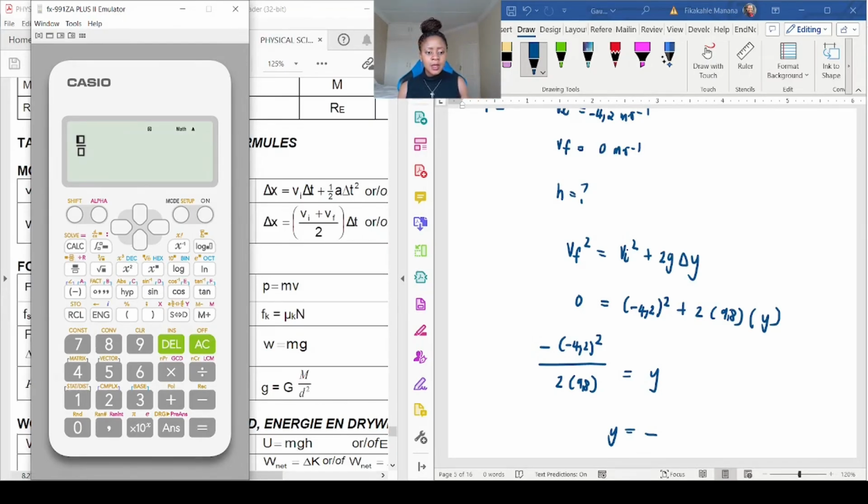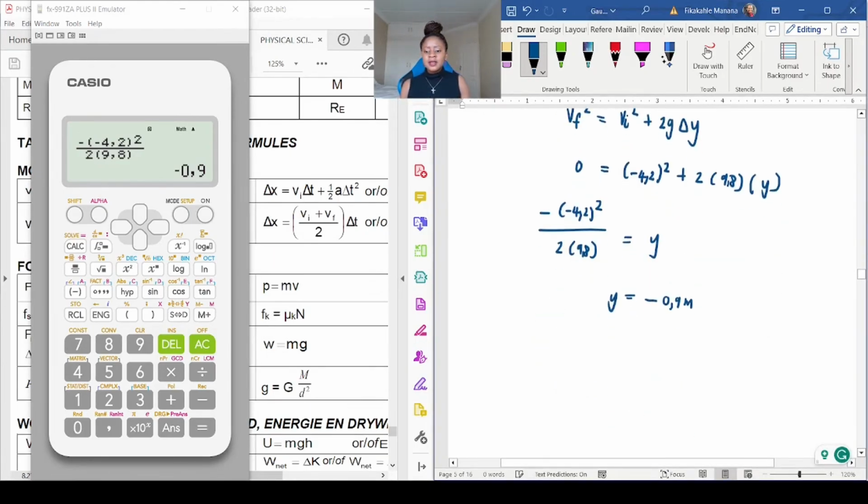So we have negative 4.2 squared divided by 2 times 9.8, and that is 0.9, so negative 0.9 meters. But like I said, it is 0.9 meters.